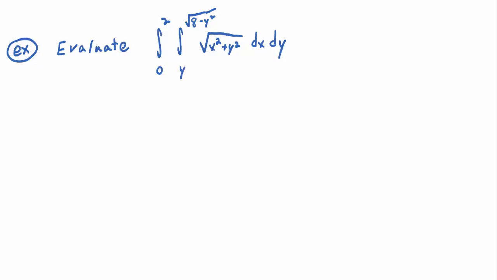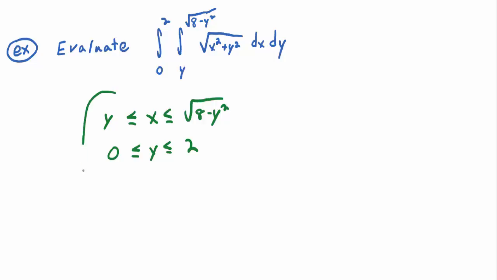So how do we do that? Well, since it's an order of dx dy on the differentials, I know that x is between the lower and upper inner limits of integration. So I know x is between y and the square root of 8 minus y squared. Likewise, for the outer limits of integration, I know y is between 0 and 2.